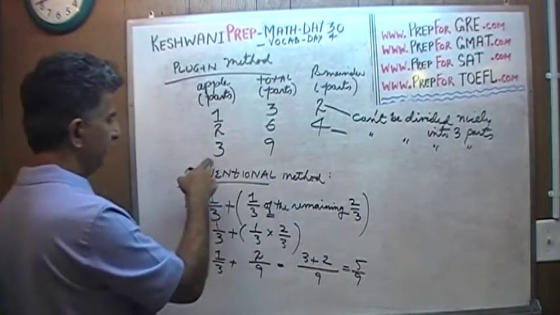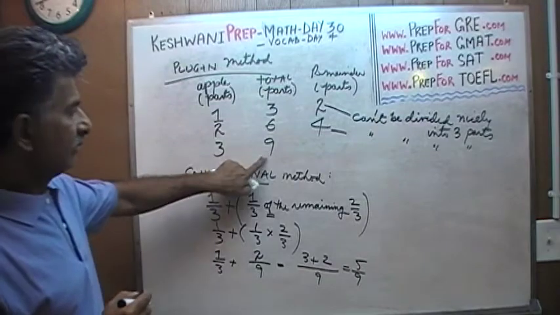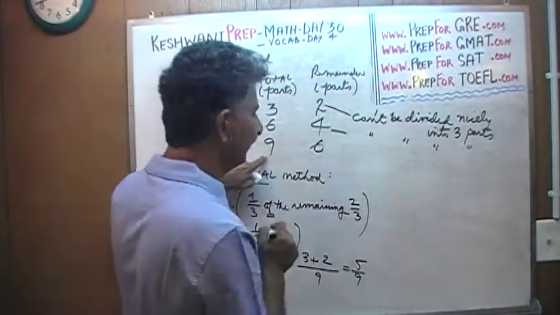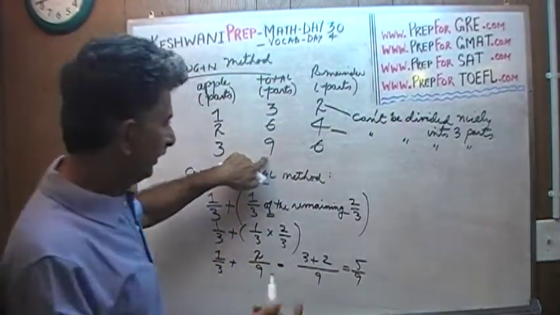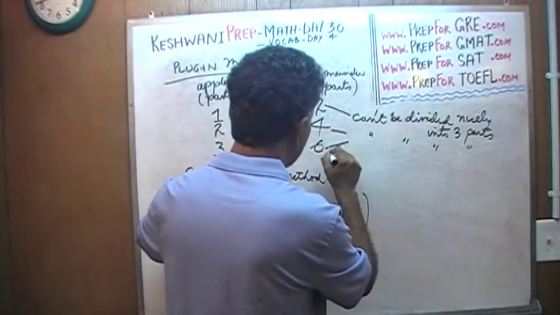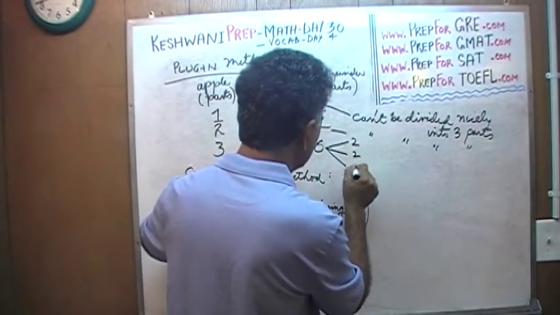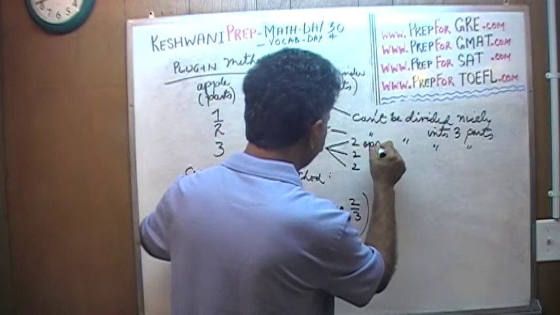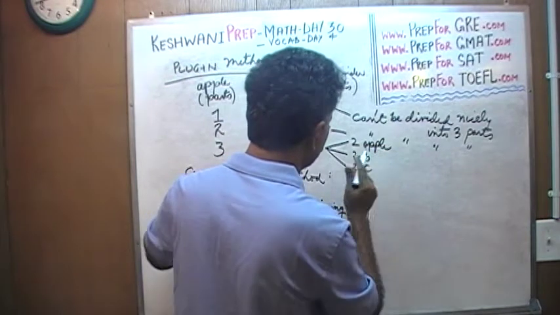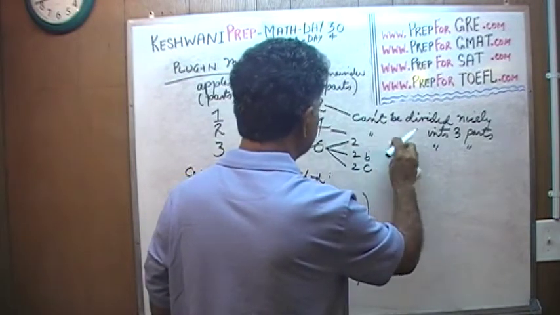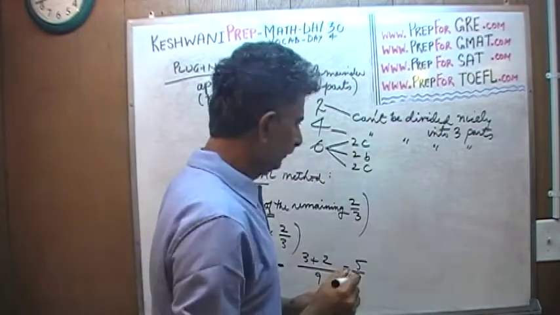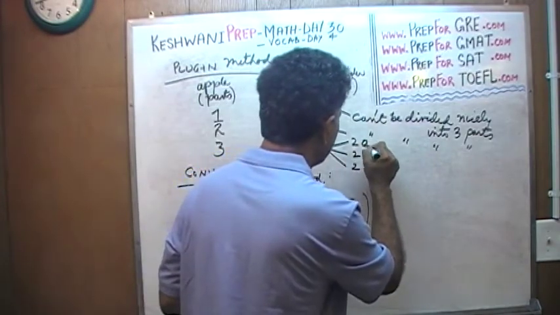So you see, if total parts are 9, 3 of them is apple, which means the remaining 6 is the mixture of the other 3. So here it works, you see, the 6 can be divided up nicely into 3 parts, 2, 2 and 2. Here's your apple, here's your banana, and here's your cranberry. There you go, we are done.